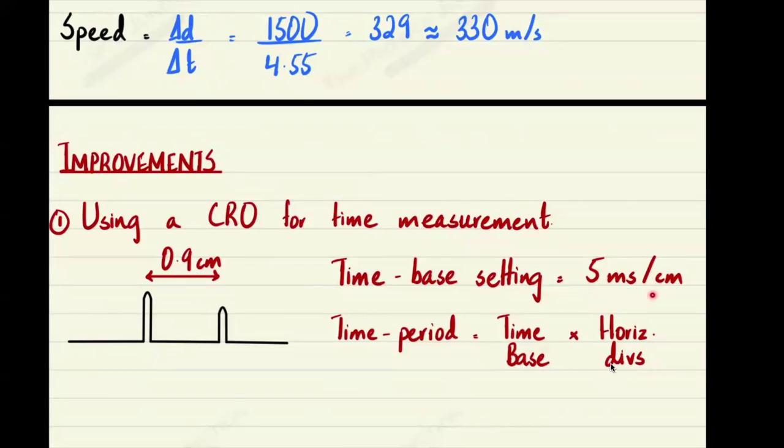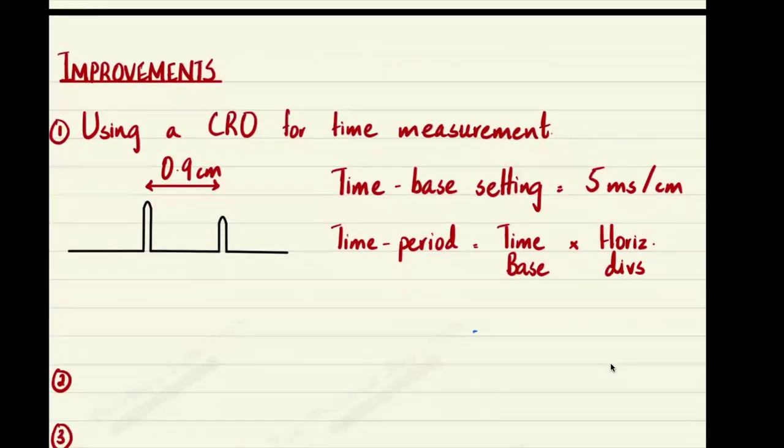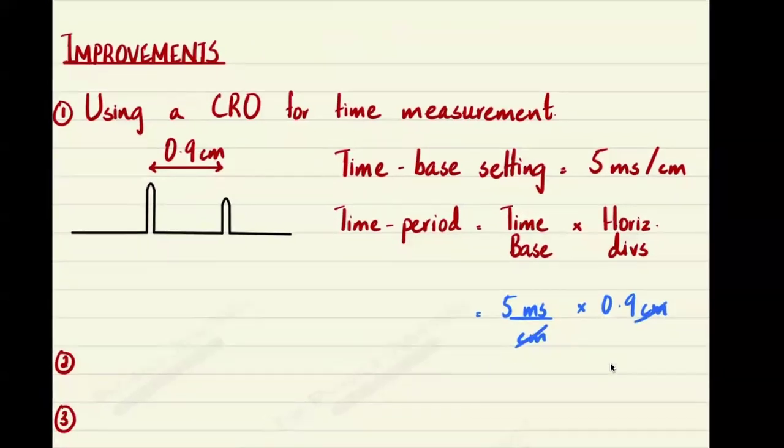So for example, if this is 5 meters, and the total distance is 0.9 centimeters, then just doing this cancels both of these out, and this turns out to be 4.5 millisecond, right? So then you can use something like this in the calculations back again, and this is just much more appropriate. This creates a lesser uncertainty.